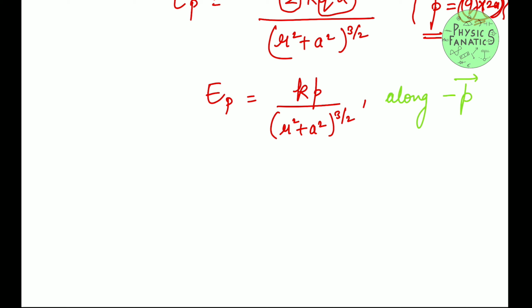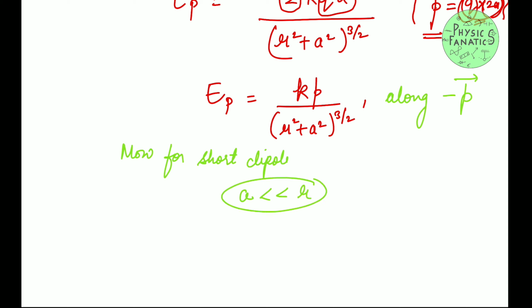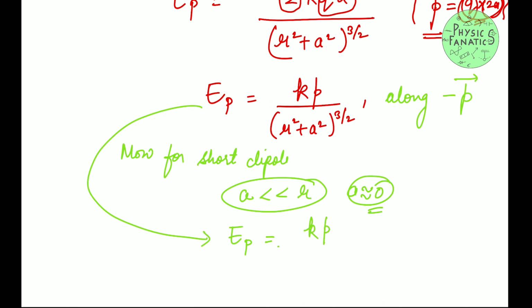Now for a short dipole, we know the condition is that the value of A is much less than the value of R. So in this particular case I can omit A. If I omit A, E_P equals KP upon R square, and A is 0, power 3 by 2.